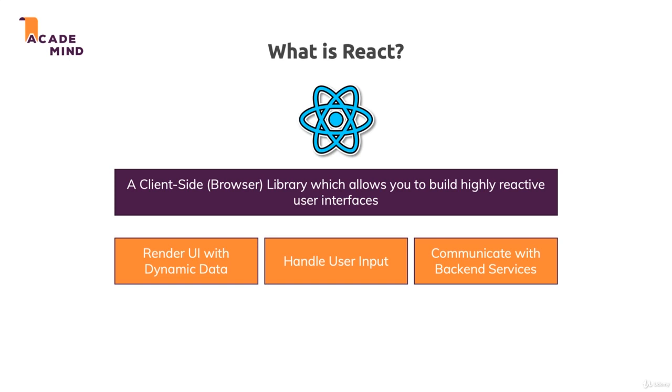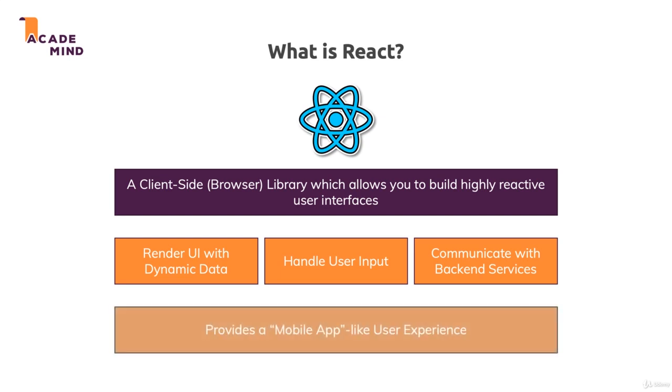Now we use libraries like React, and there are alternatives like Angular, with which you would have the MEAN stack instead of the MERN stack, which do the same. But we use such technologies to provide users with a mobile app-like user experience, where everything happens instantly, where we have a great reactivity, where things on the user interface really feel great and instant, and we simply provide a really awesome and amazing user experience.